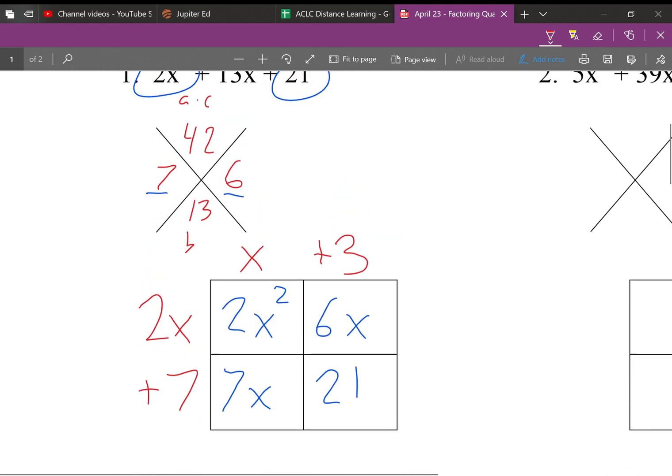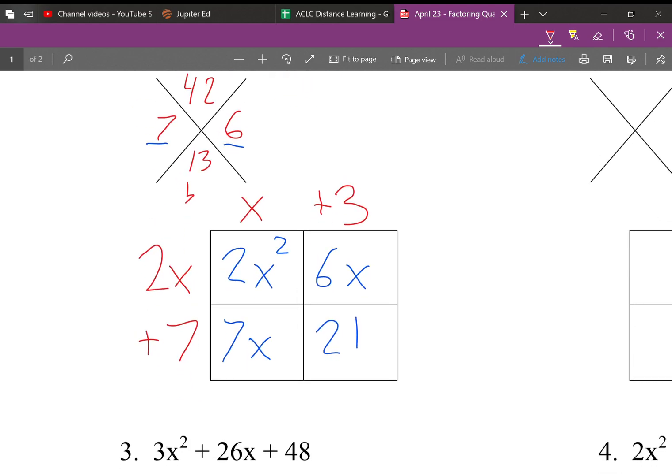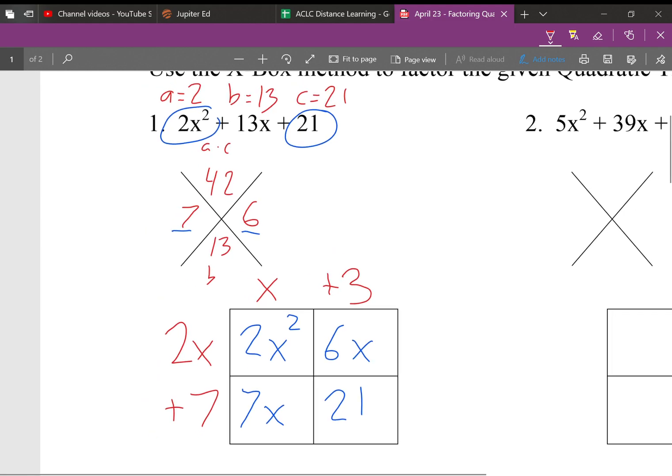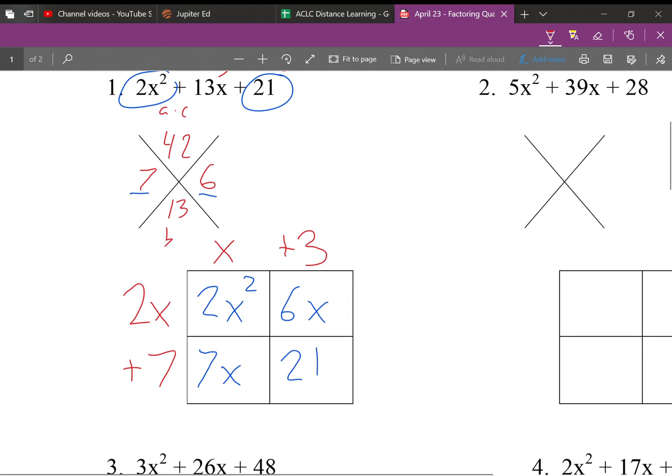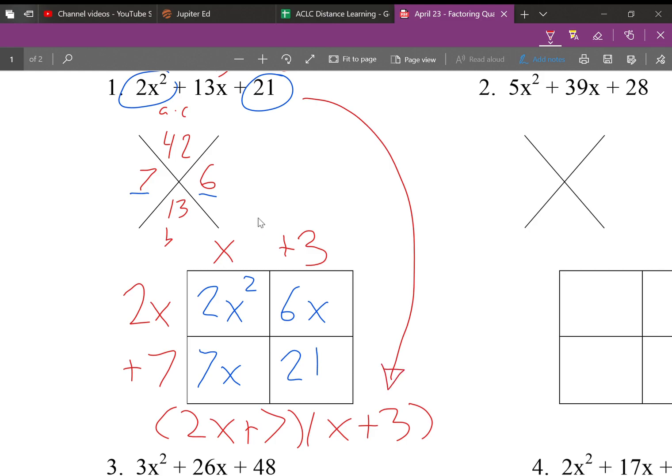And so what does that all mean? When I put all that information together, that means that my original quadratic is equal to 2x plus 7 times x plus 3. And again, I know we don't really have room to write them equal to each other, but that's what we're trying to say here.